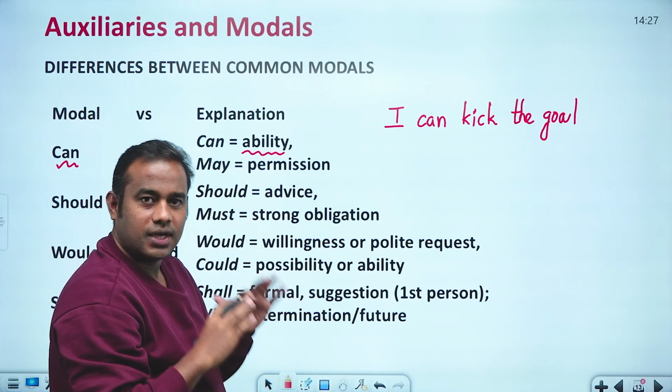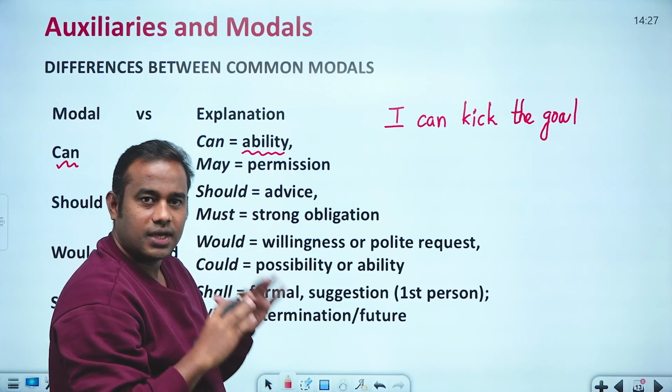Same action, we are not changing anything here. May I kick the goal? Here, you are actually taking permission from your coach or captain, asking the captain whether you can kick the goal.